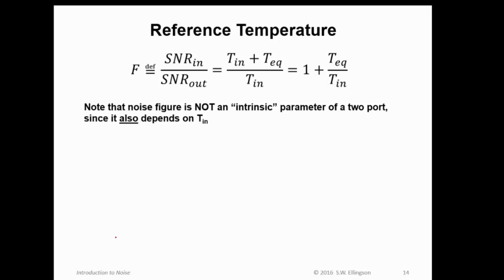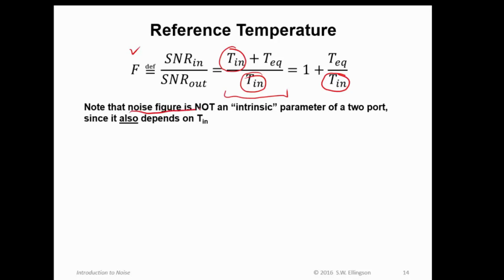This raises the question of a reference temperature. All right? What I just worked out is noise figure is given by this expression, but this expression depends on the noise that we applied to the input. In other words, the relationship between noise figure and equivalent noise temperature depends on what noise I applied to the input. So you have to be careful about how to interpret what's going on here.